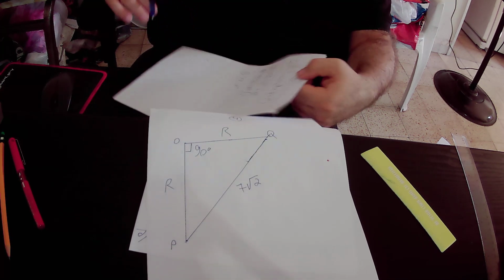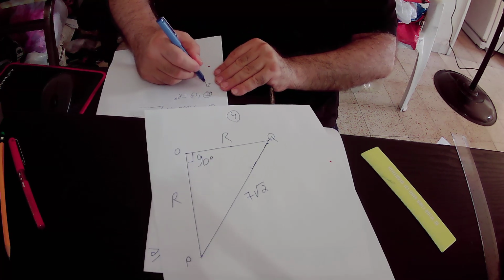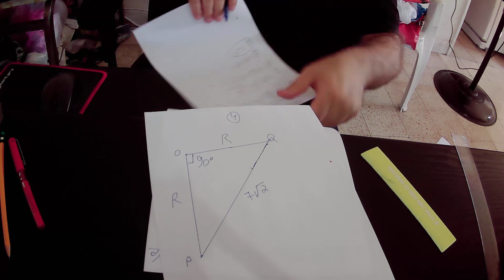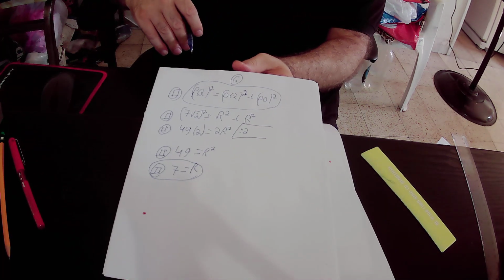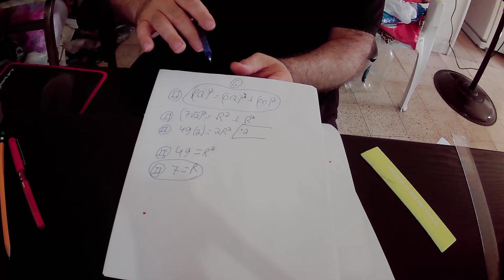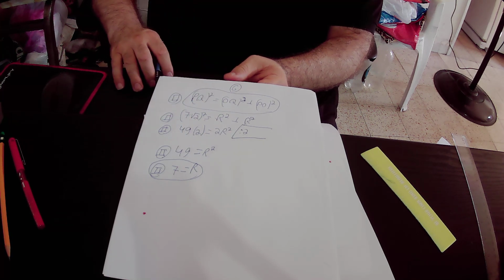We will get that 7 equals capital R. So after we took a root out of equation number 2, we got that capital R equals 7 units, because the root of R squared is R, and the root of 49 equals positive 7.